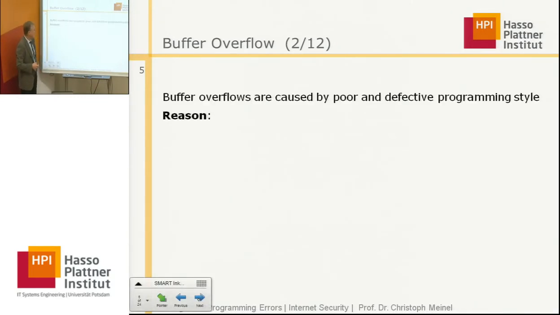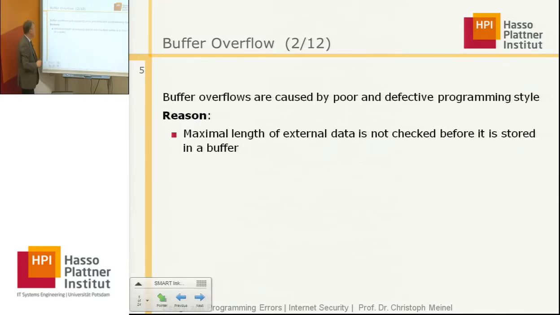The reason such buffer overflow attacks are possible is simply a poor programming style. People reserve space and they have no techniques introduced to check whether data that are input fit into this reserved length. So the reason is that the maximal length of the external data is not checked.